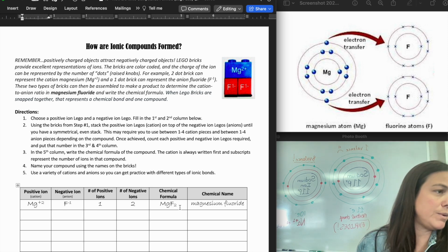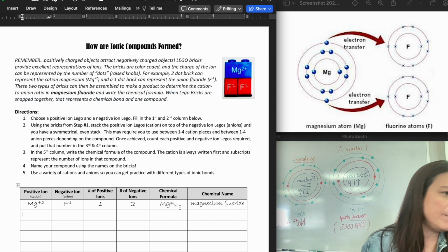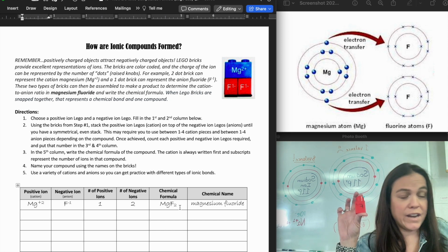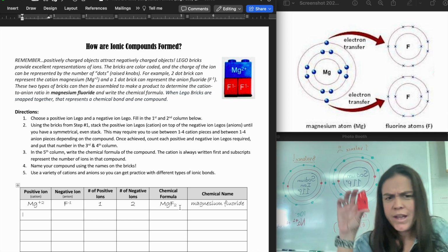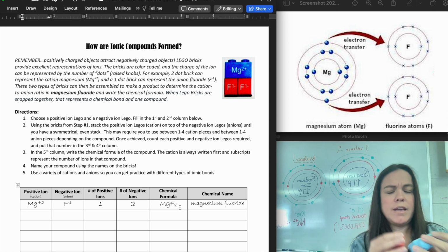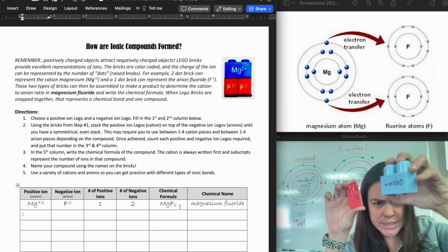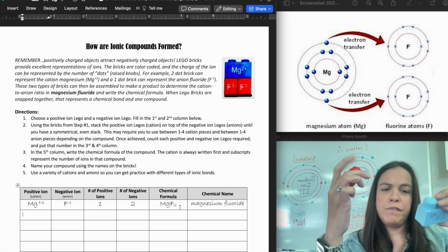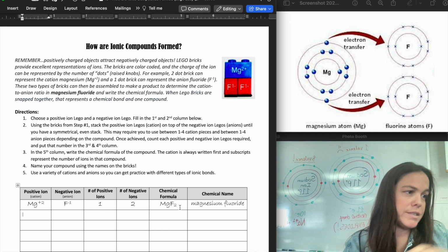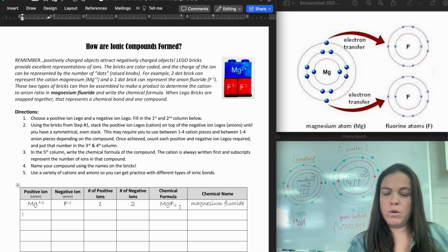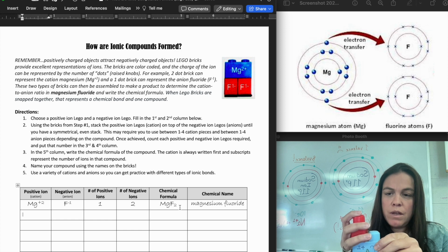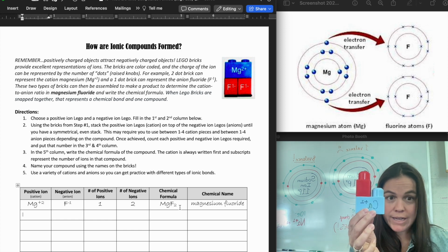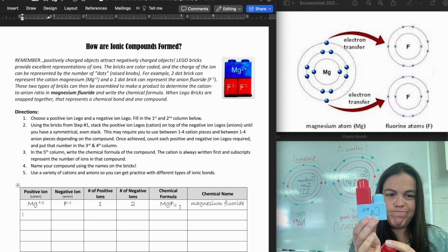So how do we do this with these Legos? You're going to choose a negative ion, and you're going to choose a positive ion. So I've got fluorine here and calcium. So here's a calcium ion, and here's a fluorine ion. What I'm going to do is I'm going to put these together. So calcium needs to bond with fluorine, but you need to bond them in the correct bond ratio.